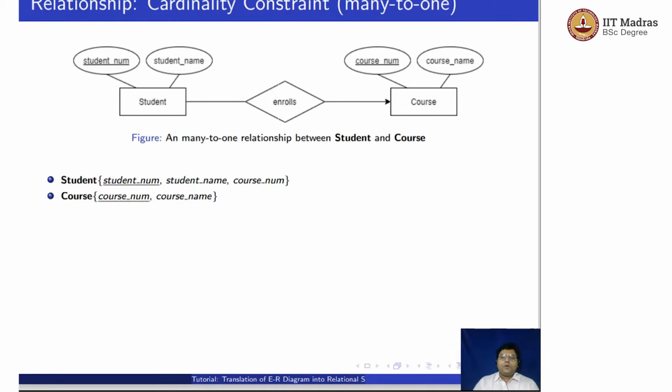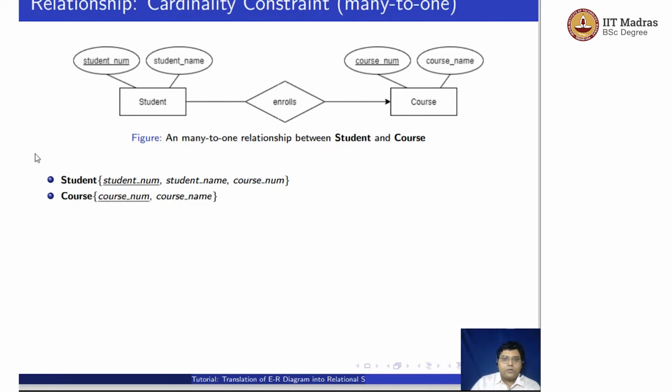Now if we go for a particular cardinality constraint, that's many to one, right? The same is true for one to many relationship also, but we are discussing here only the many to one. So the student to course is many to one, means a course can have many students, whereas a student can enroll for only one course, that's at most one course.